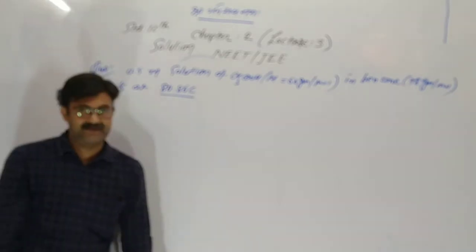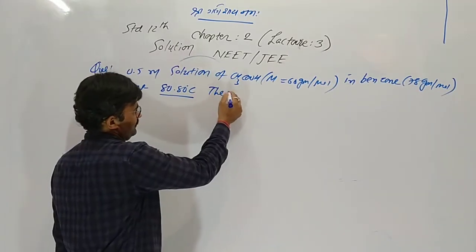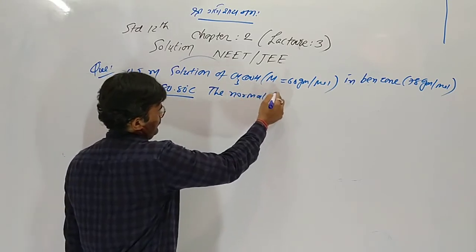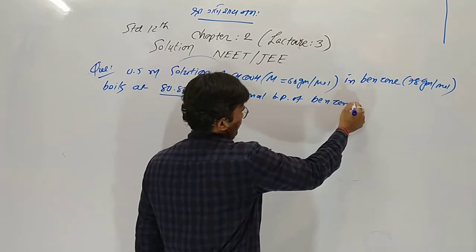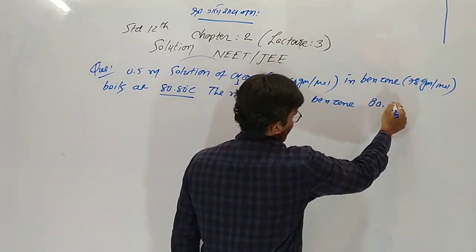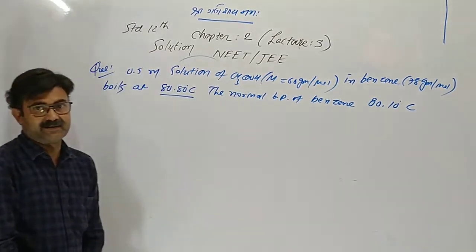Acetic acid is dissolved in benzene and the boiling point of the solution is 80.80. The normal boiling point of benzene, the solvent, is 80.10 degrees Celsius.